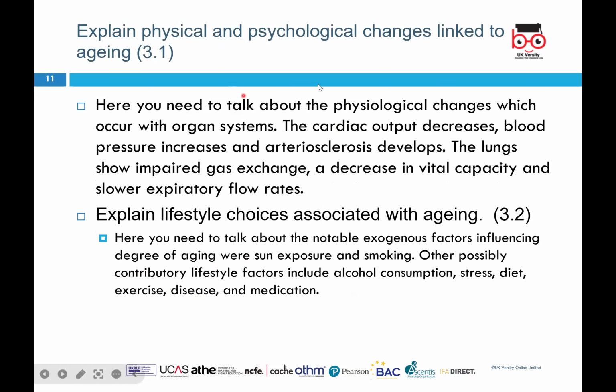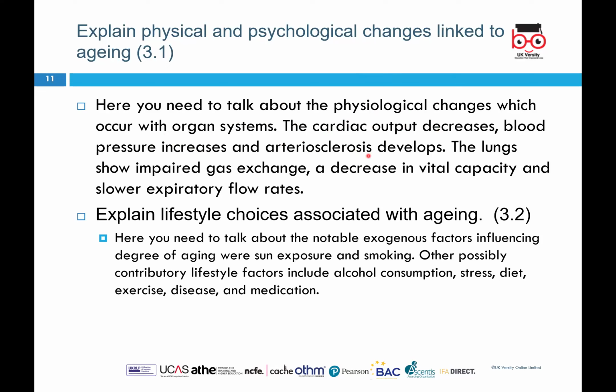So, what do you do further on with it? You need to talk about physiological changes which occur within your organ systems. The cardiac output, for instance, decreases, your heart becomes less functional, your blood pressure increases, arterioles become constricted, arteriosclerosis develops, which are different cardiovascular conditions.